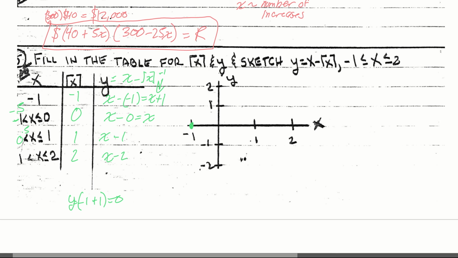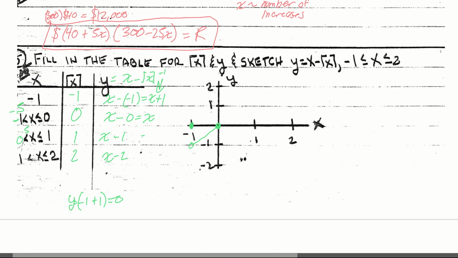So what would be y equals x? So we just go all the way down to where x equals -1. Go up till x equals 0. We include that dot. And then we look at x from 0 to 1.